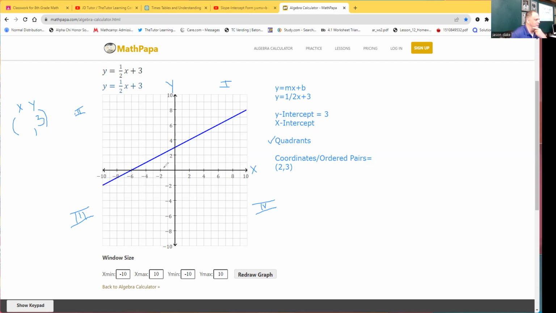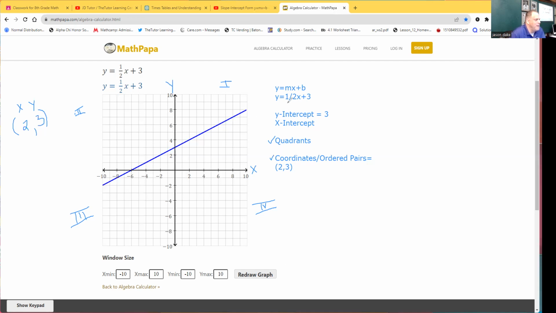Let's look in another direction here. What about a 2? This also falls here on our 2, right up here. I'm going to go with 2. Kind of keep them in the same area. So here are our coordinate pairs, our ordered pairs.